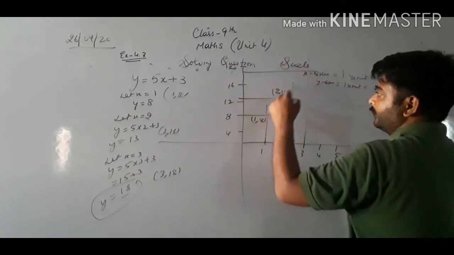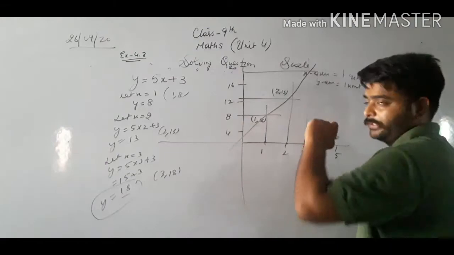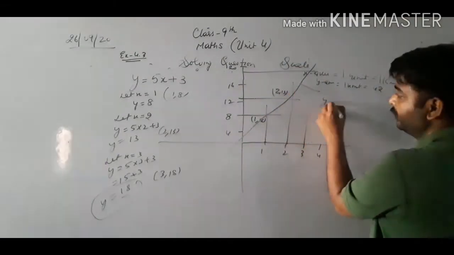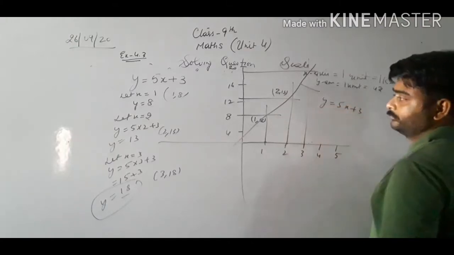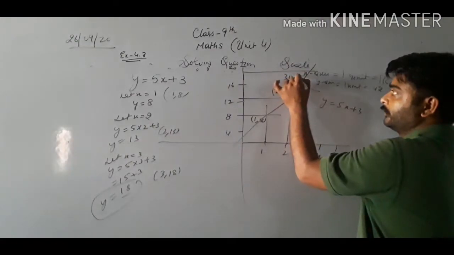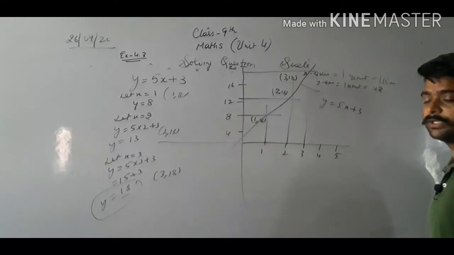So what you are getting? You will get a proper straight line. So this is y equals to 5x plus 3. Got it, class? Its coordinate is 3, 18. Any doubt, class? So we have done it in the graph.